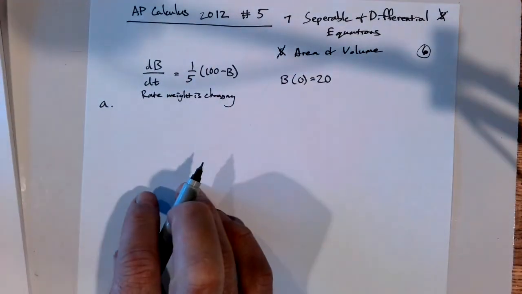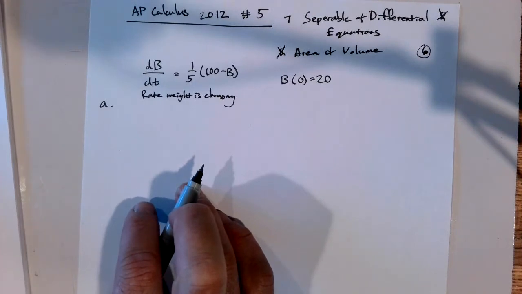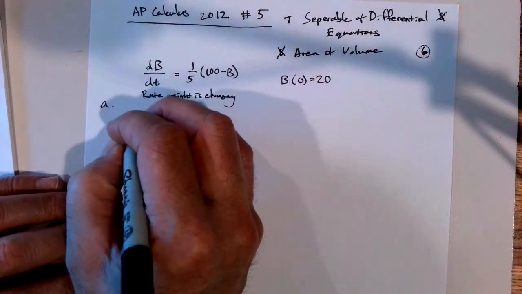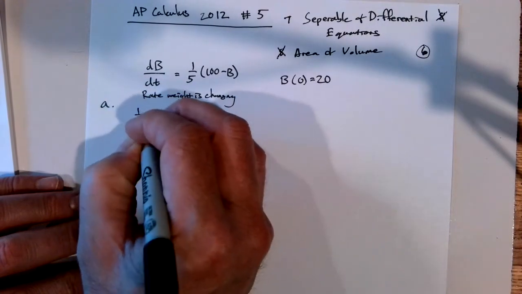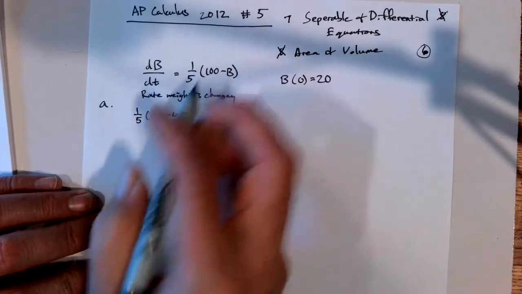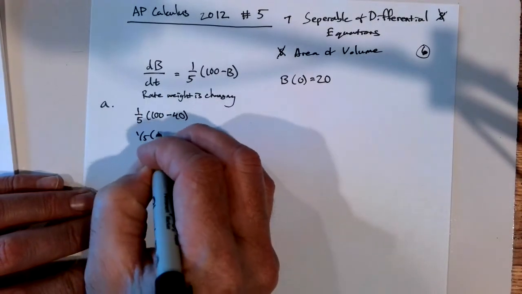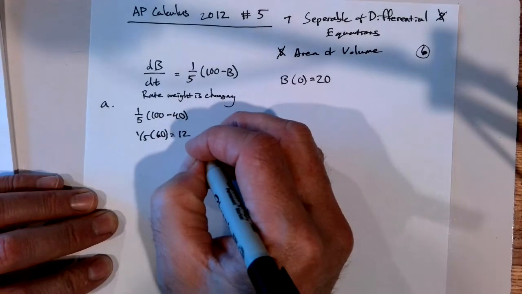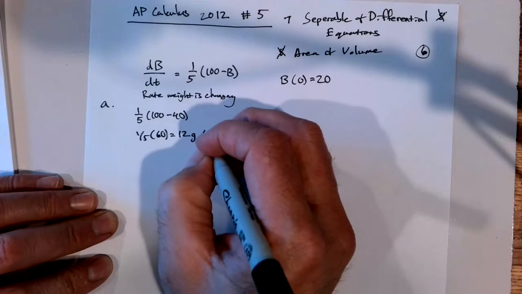So the first question is the bird gaining weight faster when it weighs 40 or when it weighs 70? Well, we just type in 1 over 5 times 100 minus 40, which is 1/5 of 60, which is 12. So that's 12 grams per day.